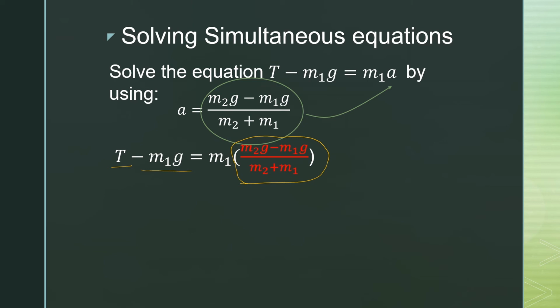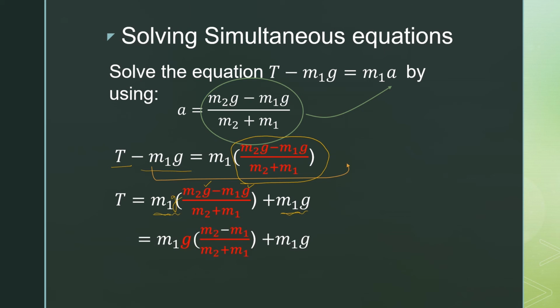It becomes positive M1G after switching the side. The first term also has m1 already factored, and there is m1 in the second term. And the first term also has g over there, g over there. So we can factor g out and write something like this. After factoring this g out, it becomes this.